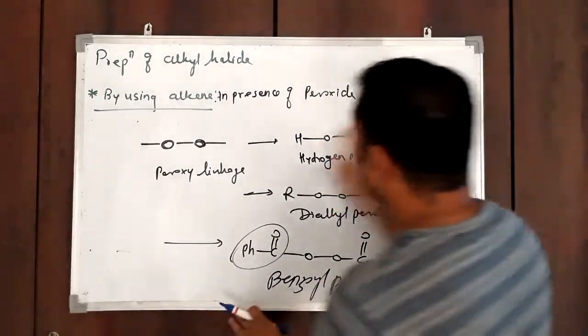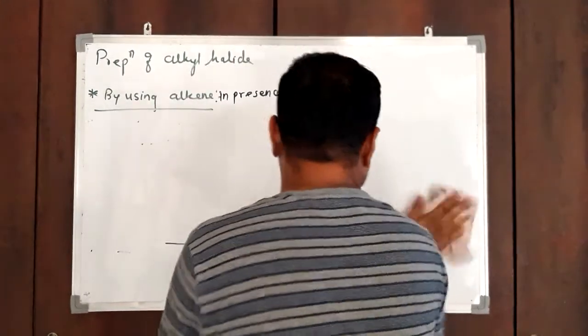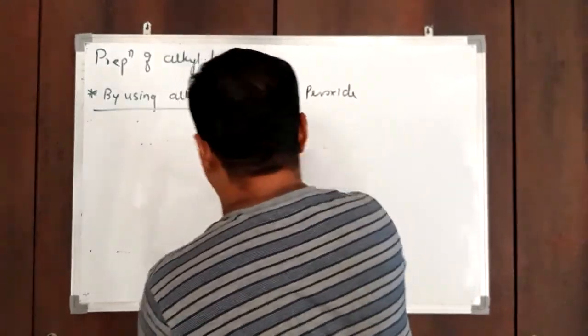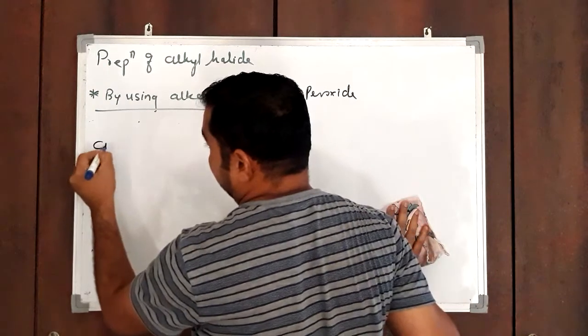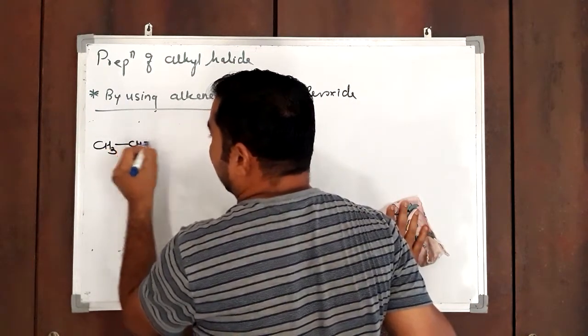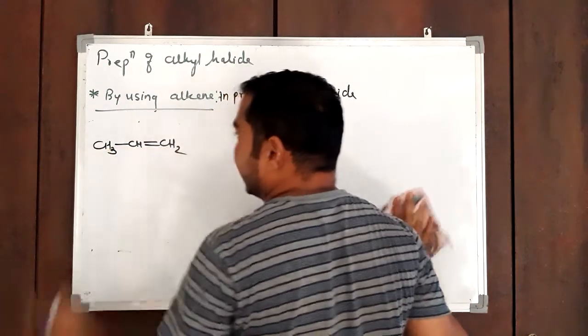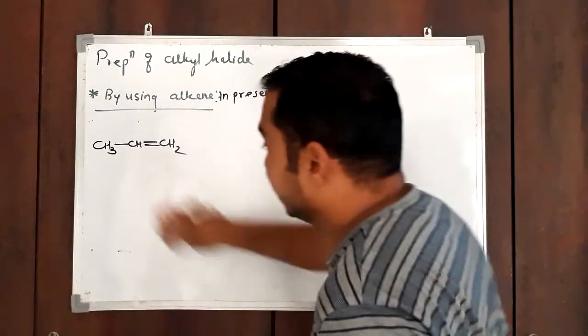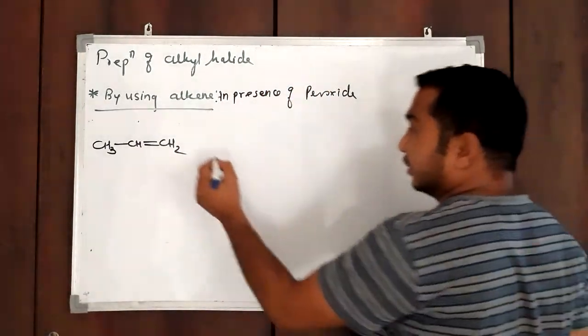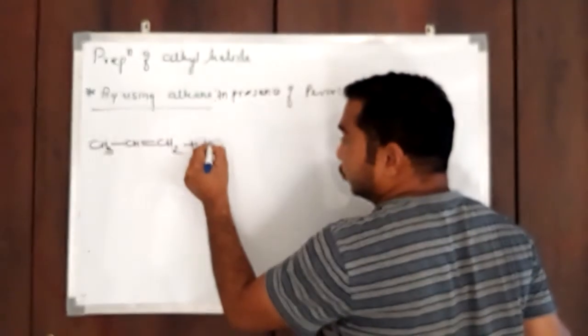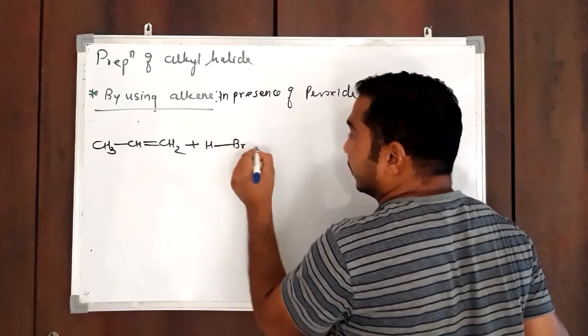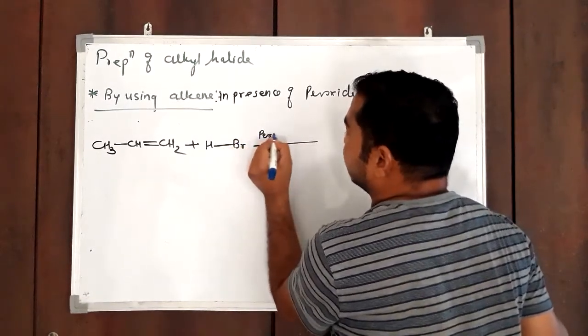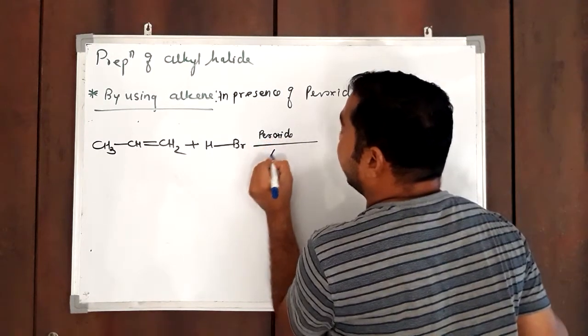Now, see what we have to do in this reaction. Take an unsymmetrical alkene. With a symmetrical alkene there is no problem, you get only a single product. But in the case of an unsymmetrical alkene, we get two products. For example, HBr and peroxide, benzoyl peroxide, and heat.